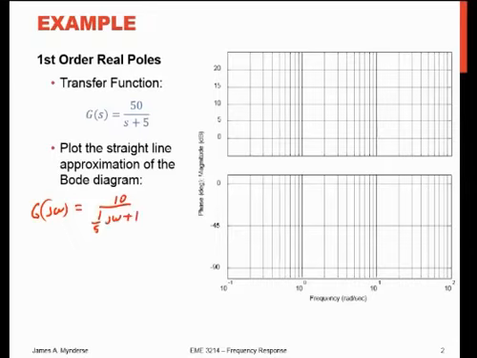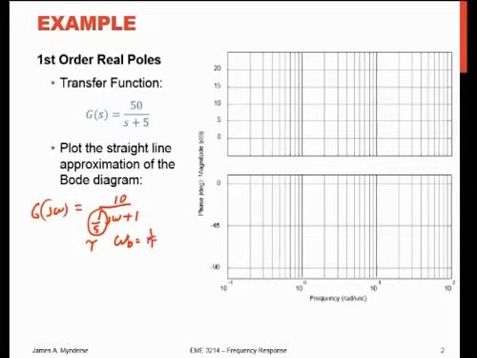I put it in that format because now the 1/5 becomes our time constant tau, and our corner or break frequency on our plot is omega b equals 1 over tau.